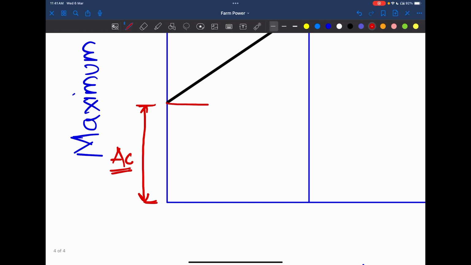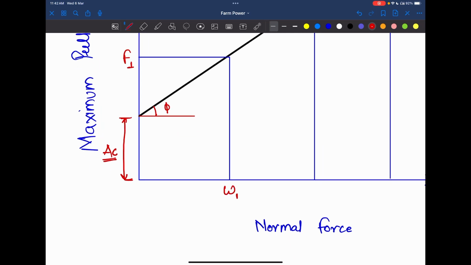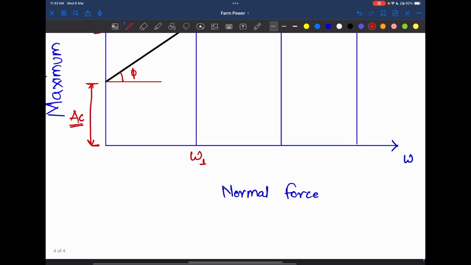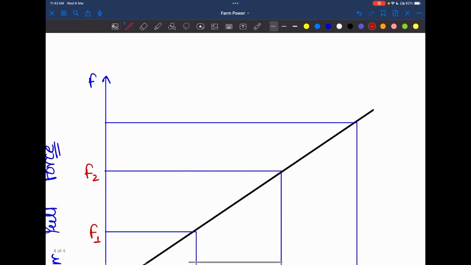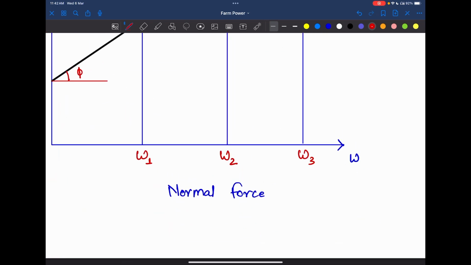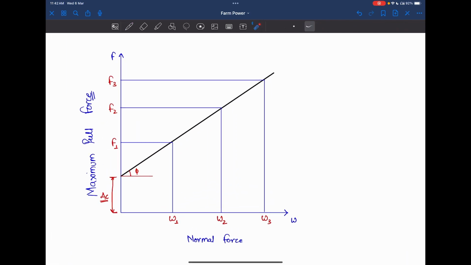When we try to find the slope of this line, we found it to be tan phi. This one is F1 corresponding to W1, this is F2 corresponding to W2, and this is F3 corresponding to W3. So this is a figure from where we can understand what Mohr did.